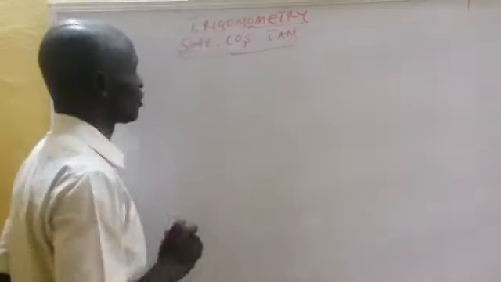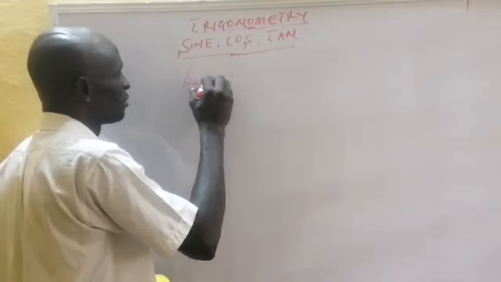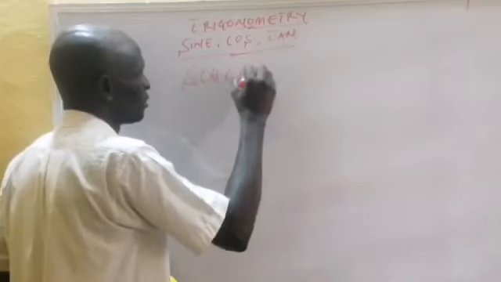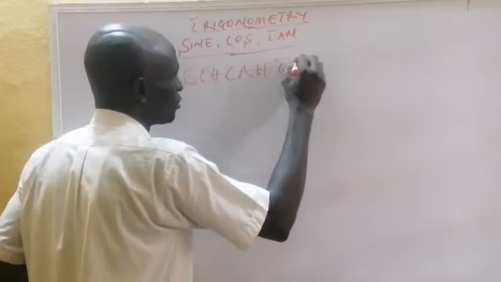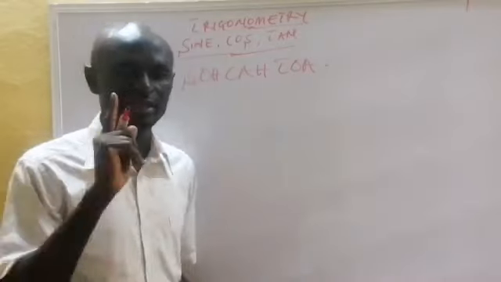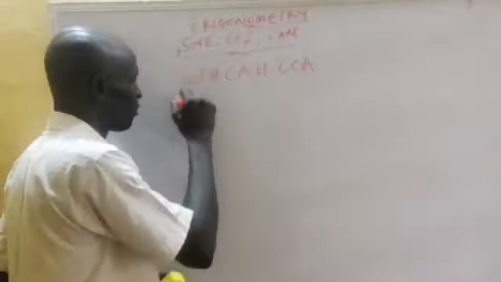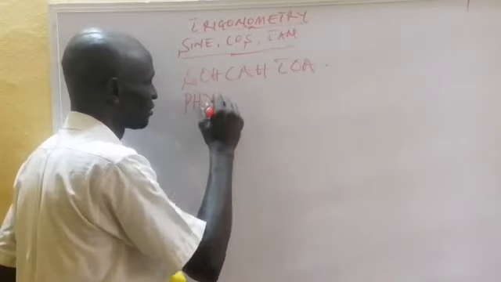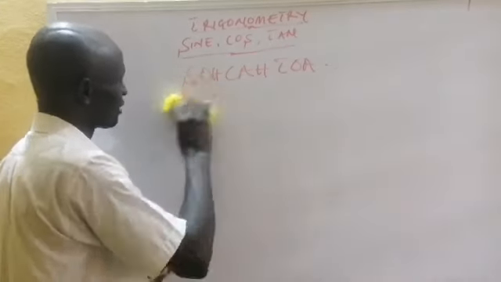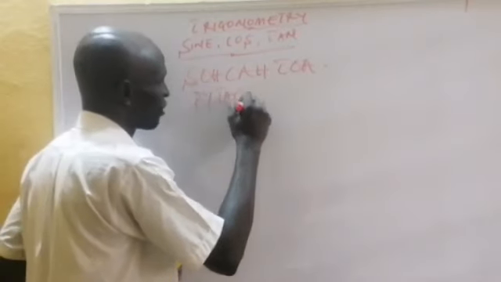Anytime you are solving a right angle triangle, I want you to have two unique formulas at your fingertips. The first formula you should have at your fingertip is what I will call SOHCAHTOA. That is number one. The second formula I want you to have again is what I will call my Pythagoras theorem.